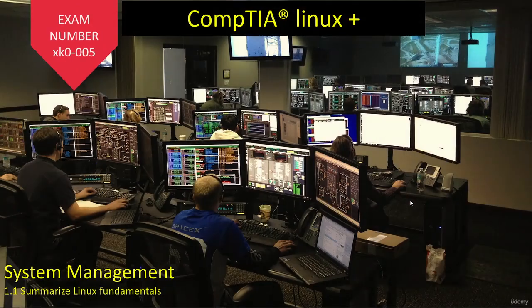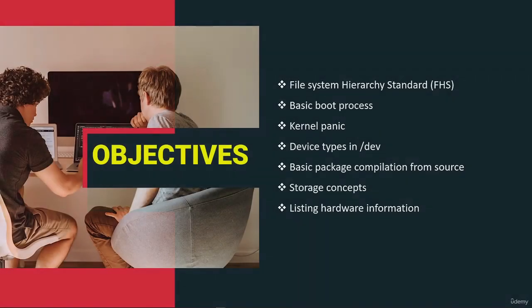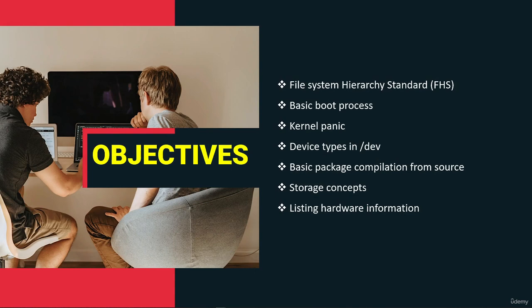So these are our topics. We're going to summarize Linux fundamentals. We're going to go into the Linux file system hierarchy standard. We're going to talk about the boot process of Linux. We're going to look at kernel panic. We're going to look at some of the different device types in the /dev folder. We're going to talk about compiling packages from source.